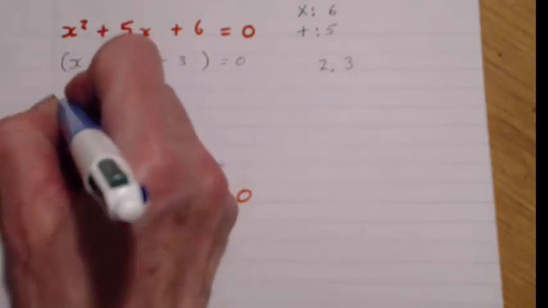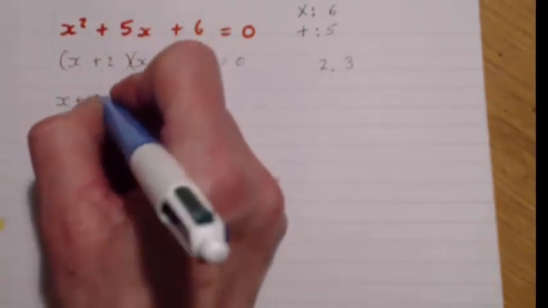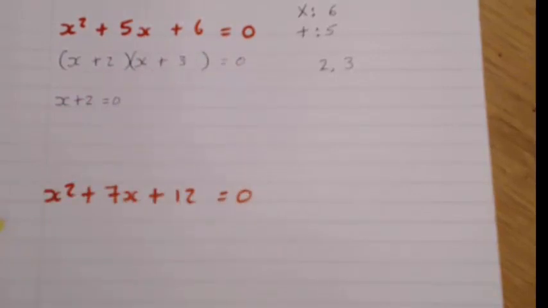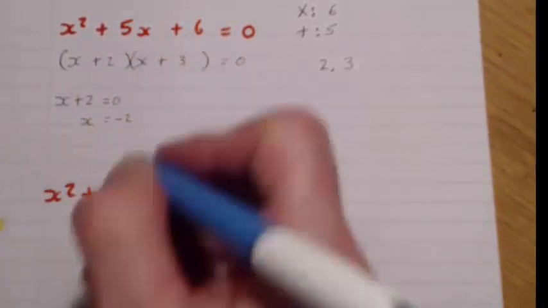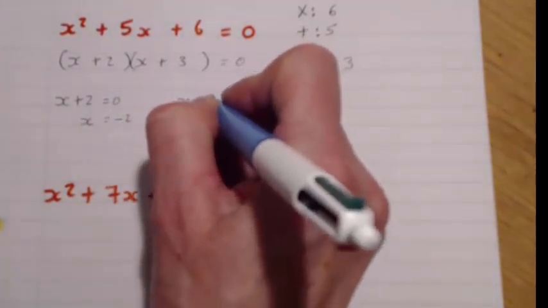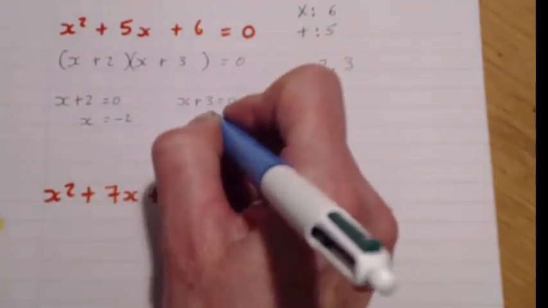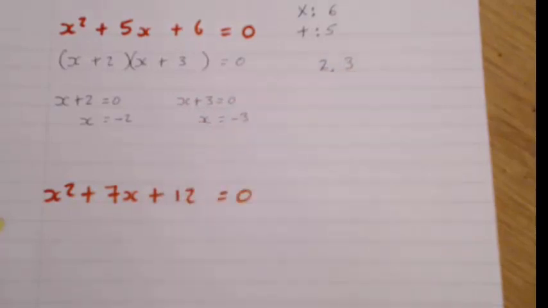So we use that logic to solve it. So we say that either x plus 2 is 0, which means that x equals minus 2, or we know that x plus 3 is equal to 0, which means x is equal to minus 3. So we consider both of those as solutions to the equation.